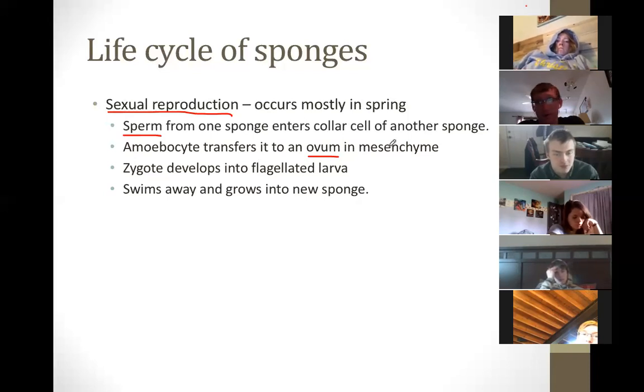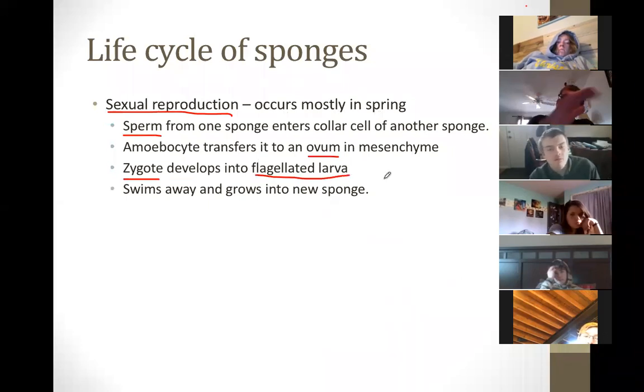But I guess it works because they're not extinct. Once that happens, they'll make a little flagellated zygote. It looks like a squat little millipede, and that thing flies around as a flagellated larva, cruising along in the ocean until he finds a place to land. Where he lands, he grows up into a new sponge and starts pumping food.